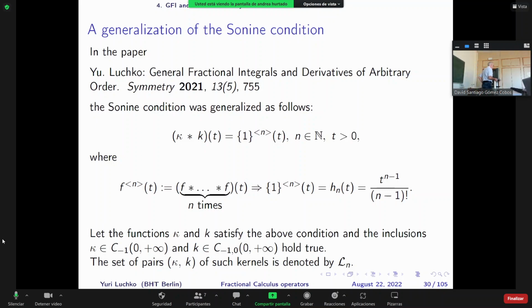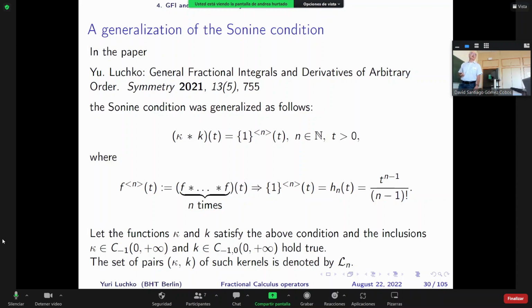That means that this kernel has to have a singularity at the origin, because the space consists of all functions that are represented as a power law function with the exponent between minus 1 and 0 multiplied by a continuous function. That means that these kernels have an integrable singularity. So you see that these pairs, kappa and k, are ordered. We cannot just change the order of the kernels because they belong to different spaces.